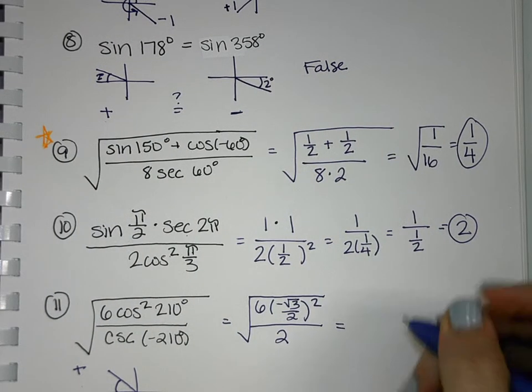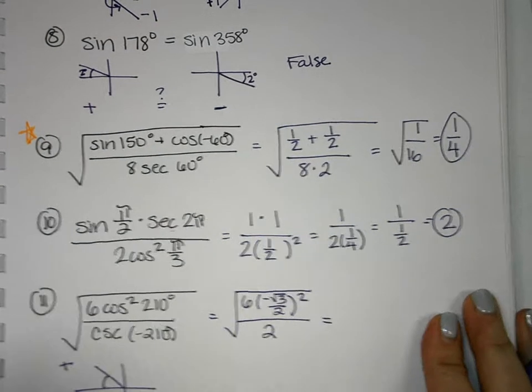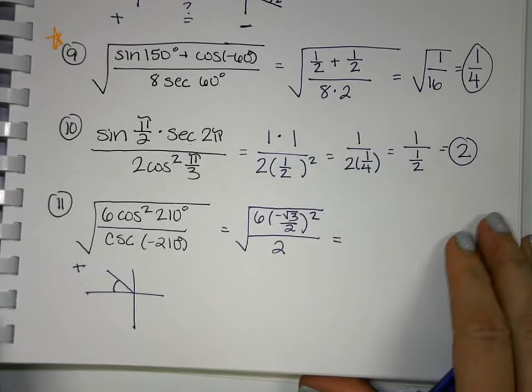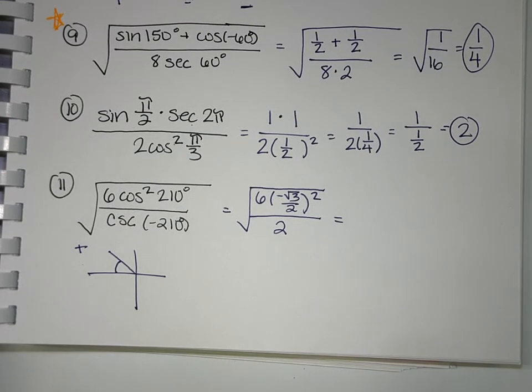Now that we've got the exact values plugged in based on our unit circle, we can just use algebra and order of operations to simplify.